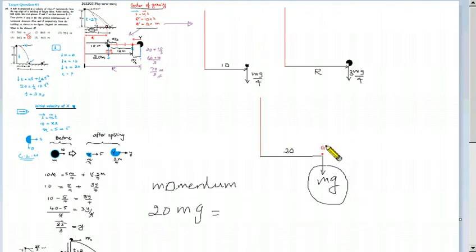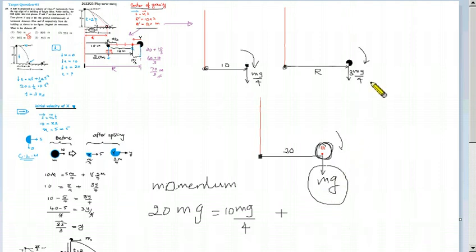So this one is the momentum of the ball, that is the center of gravity. This is the quarter, so the momentum of that is mg divided by 4 times 10 plus, because all are in the clockwise direction like this, around the bottom of the building, this point, around that we take the momentum, so clockwise.